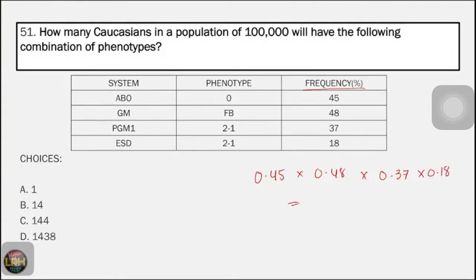Multiply these first, and then multiply the result by the 100,000 population. So the answer is 1,438.56, or simply letter D.